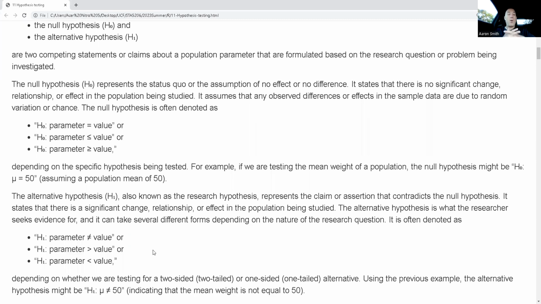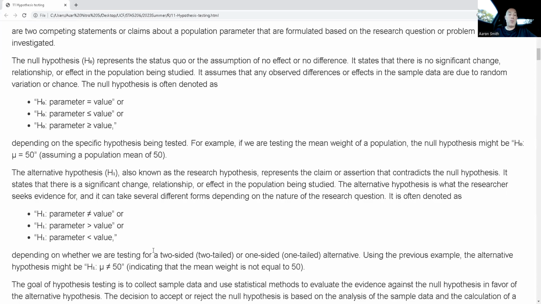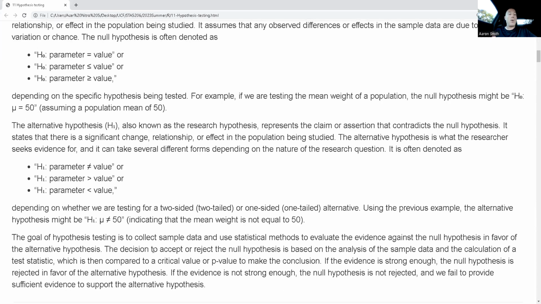Depending on whether we are testing for a two-sided, two-tailed, or a one-sided, one-tailed alternative, using the previous example, the alternative hypothesis might be that mu does not equal 50, which means that the average is not equal to 50, the population true average.